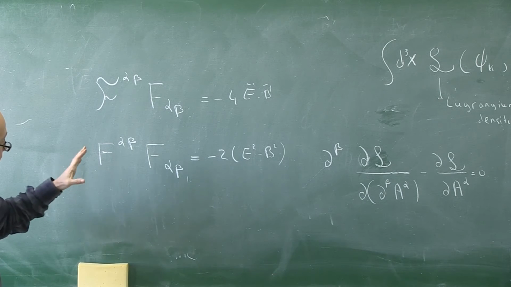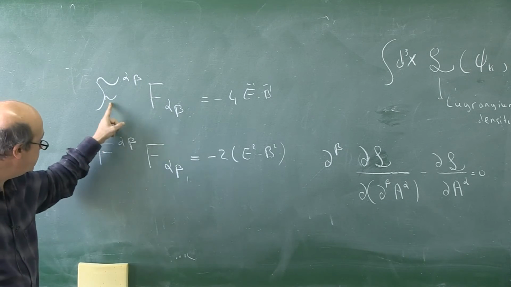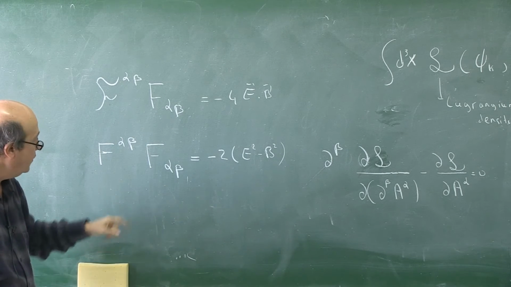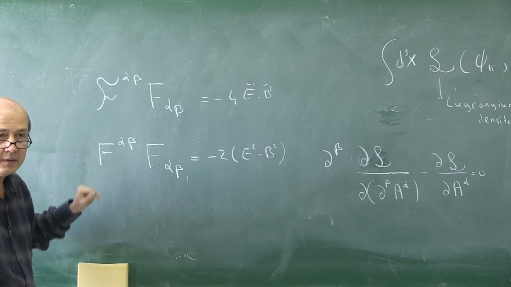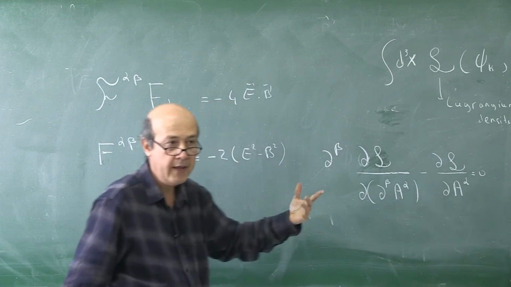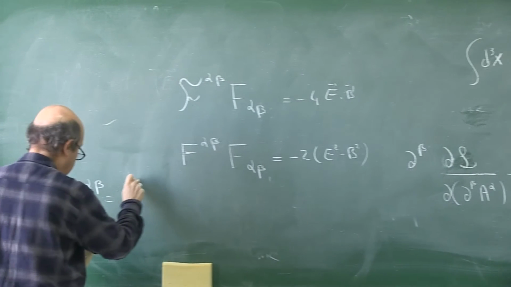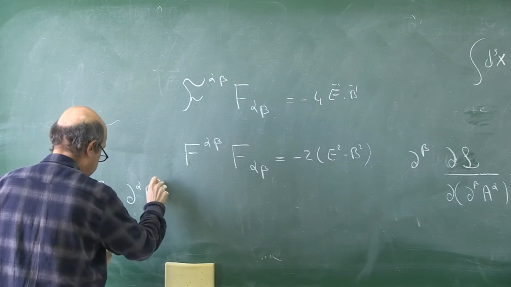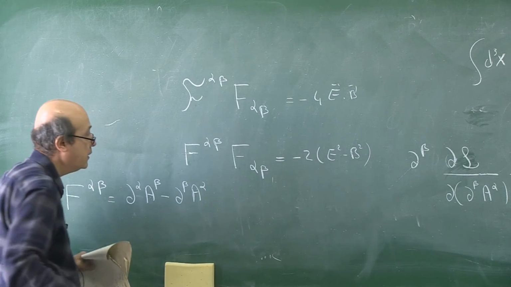Are these quadratic? Yes, these are multiplied by each other. What are these made of? From the derivatives of the fields. Okay? F is f alpha beta, del alpha A beta minus del beta A alpha.